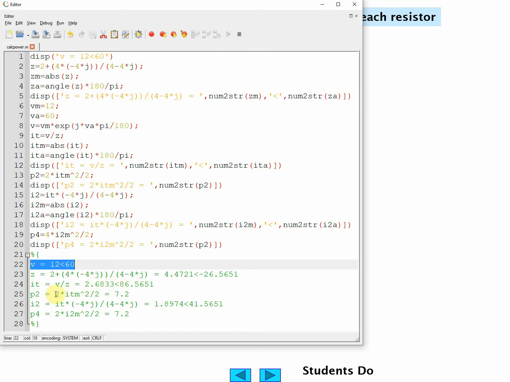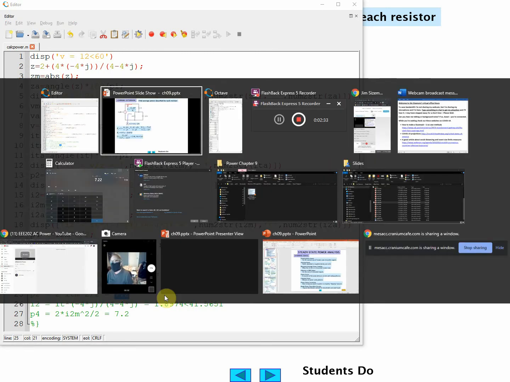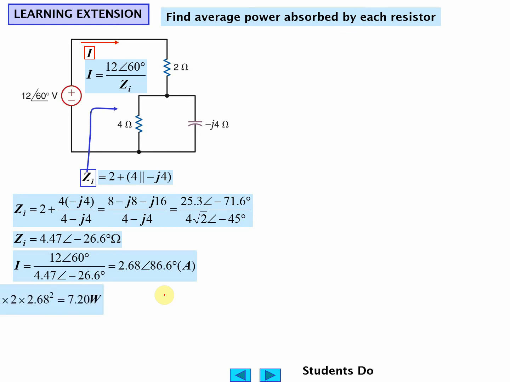And the power would be I squared times the resistance, all divided by 2, or 7.2 watts is what it works out to be. So let's keep going with this, 7.2 watts.